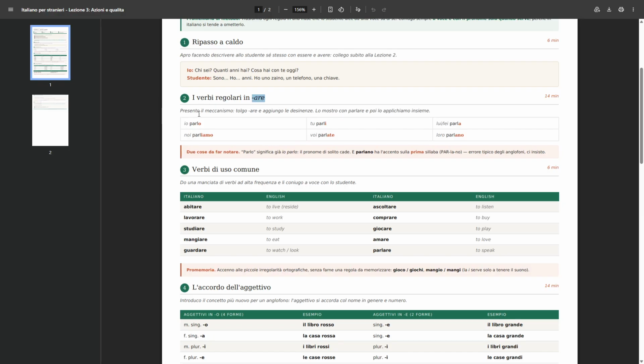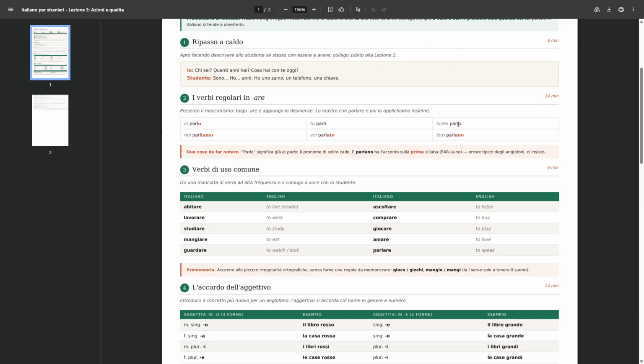So for the present simple it is io parlo, I speak; tu parli. In the first person, I remove -are and add -o at the end. For the second person, I always remove the desinence of the infinitive, and I add -i, tu parli.